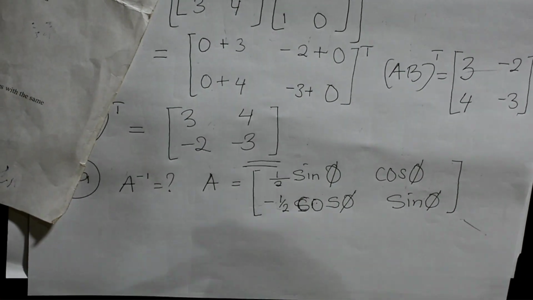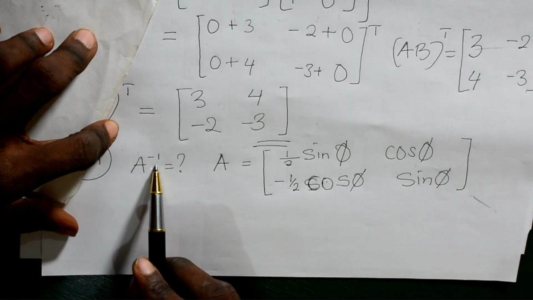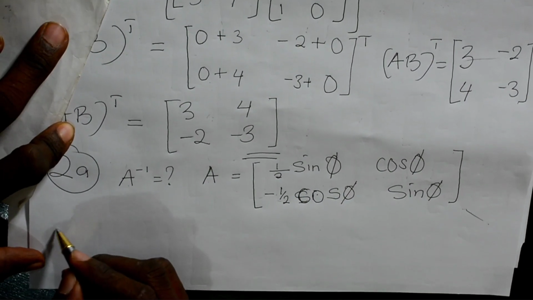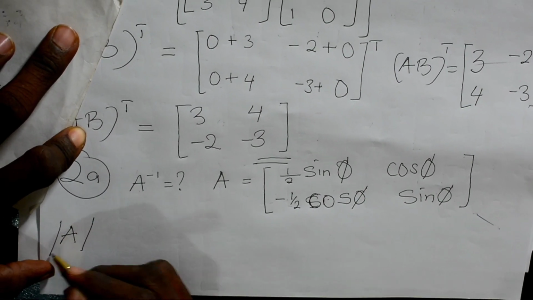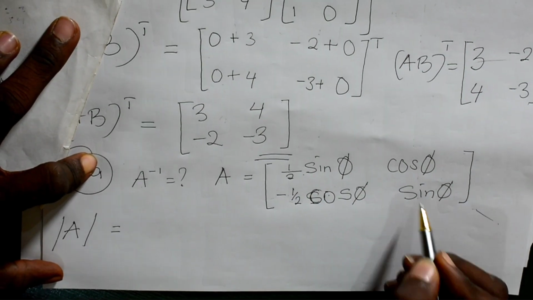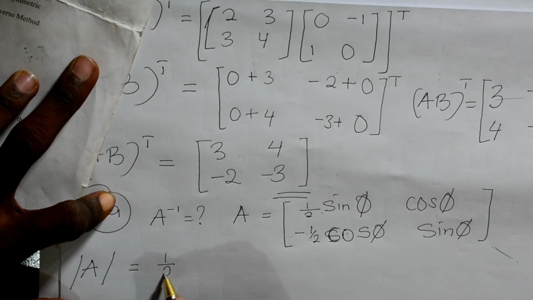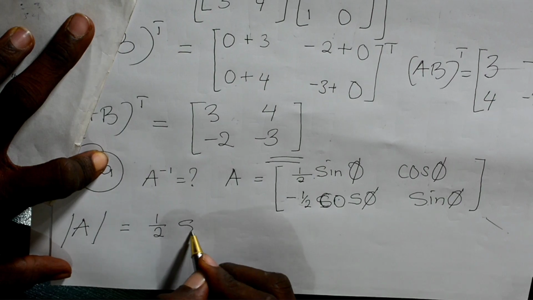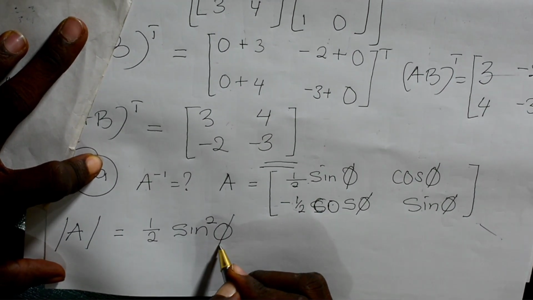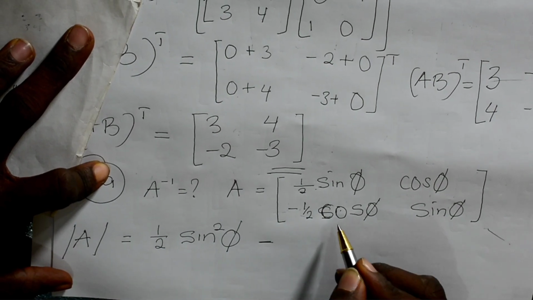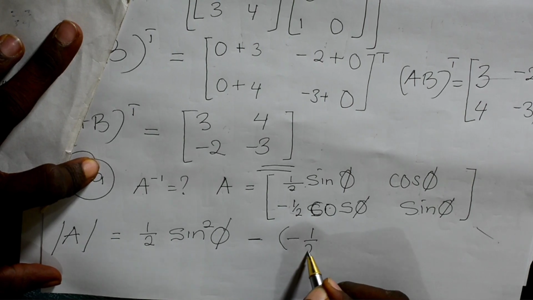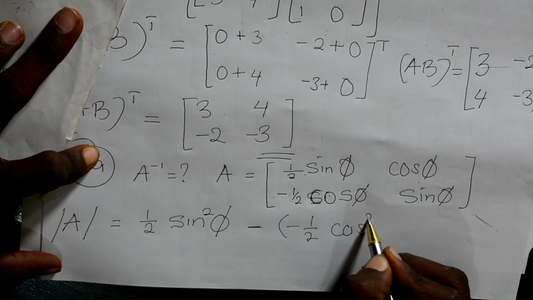So now we are going to find A inverse of this matrix. So first we are going to find the determinant of this given matrix. This times this, 1 all over 2 sin square psi, then minus this times this, that is minus 1 all over 2 cos square psi.